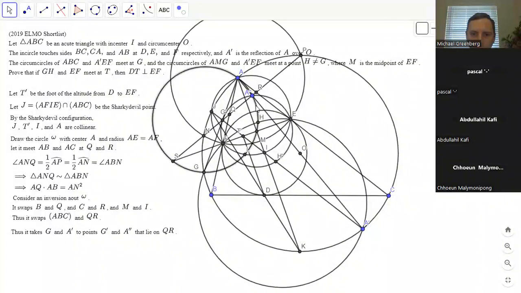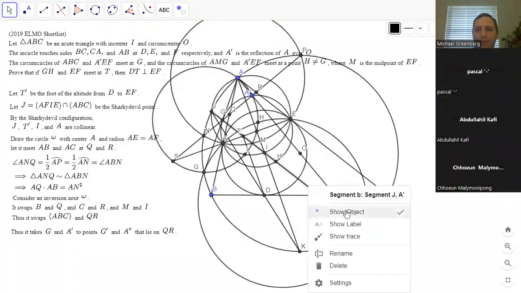We want to show that, so we know G prime. Okay, it lies on the line G prime I. Okay, so G prime lies on QR, and it lies on this circle. Oh, we need to show G prime lies on this segment.